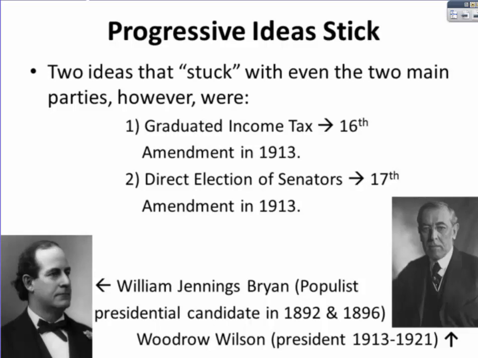You see in the pictures here William Jennings Bryan, who was the populist presidential candidate in both 1892 and 1896. And then on the right, Democratic President Woodrow Wilson, who served 2 terms from 1913 to 1921. And it was Wilson who encouraged Congress to pass these 2 amendments.